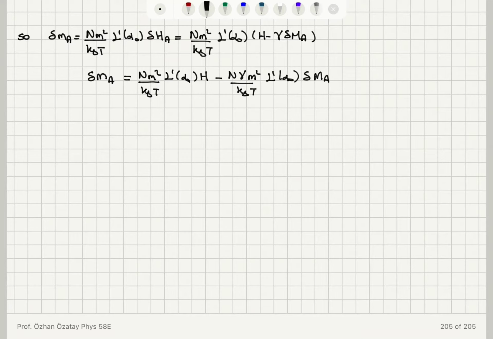So if I put this into delta MA parentheses, I have delta MA times parentheses 1 plus N gamma m squared over kB T, Langevin function derivative at alpha 0.